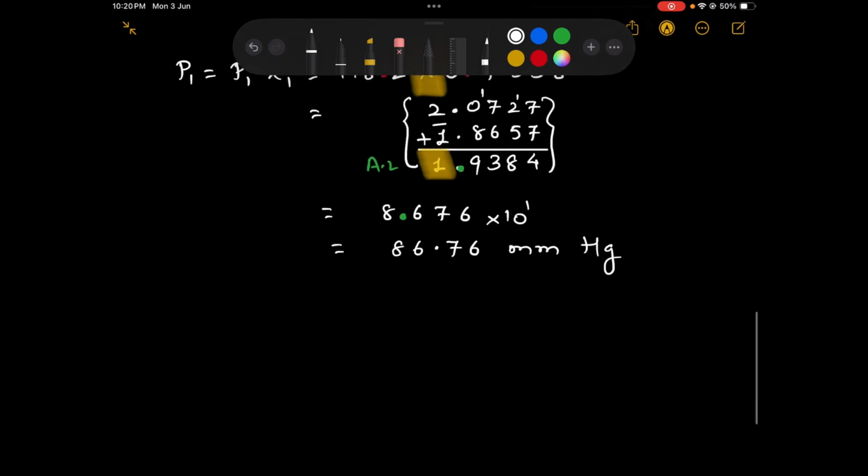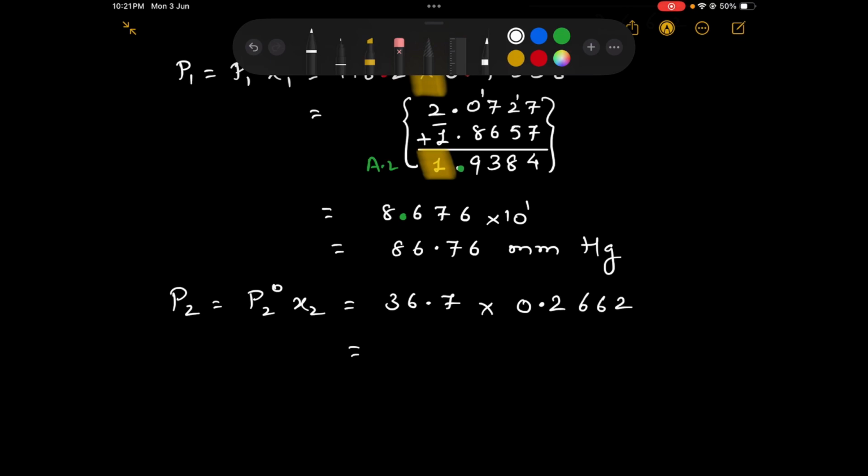Now let's find out P2, that is the partial vapor pressure of the solute. P2 naught into x2. P2 naught is given in the question, 36.7, and x2 we have found out as 0.2662. So let's take log. Here the characteristic is 1 for 36 under 7 and for the other number it is bar 1.